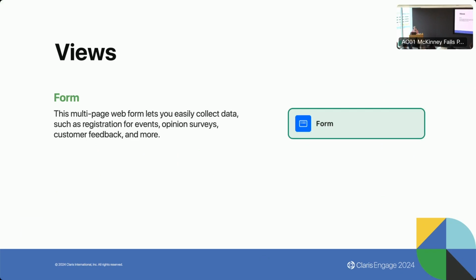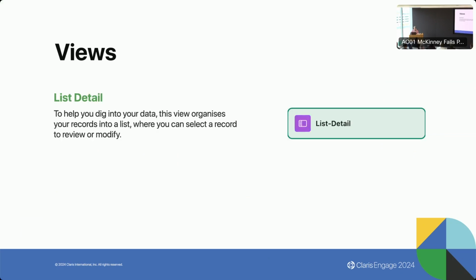That's the only view you can share publicly for the moment. And you can also set actions to different forms. And we'll see that. The list detail organizes your records in lists on the left side, and you have the detail of the record on the right side.